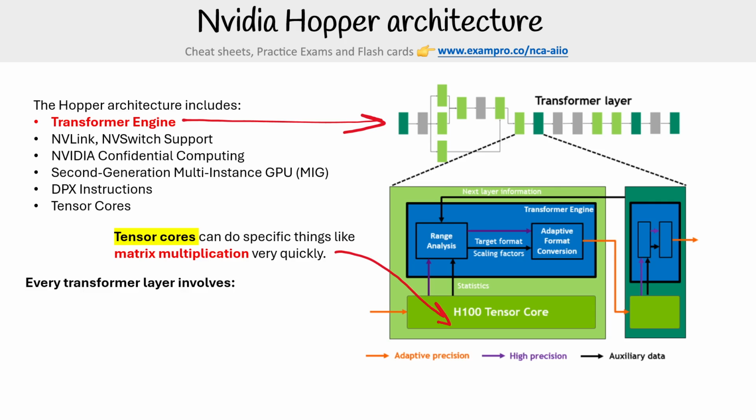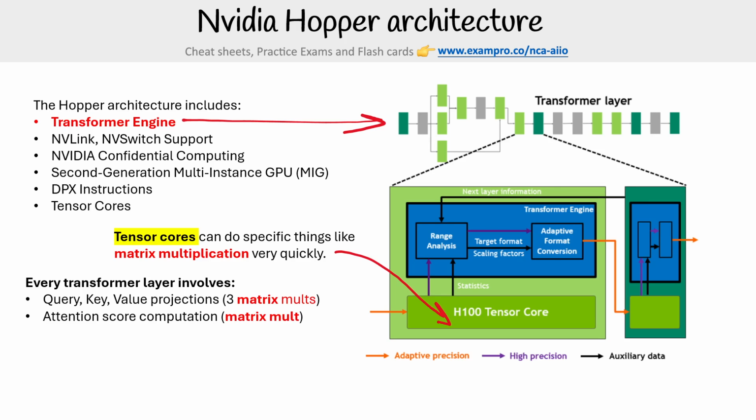For every transformer layer, this is what's happening. We have a query, key, value projection of 3 matrix multiplications, attention score computation of a matrix multiplication, attention output, and feed forward networks. So a lot of operations are occurring for large language models, and it's leveraging those tensor cores inside of that transformer engine.